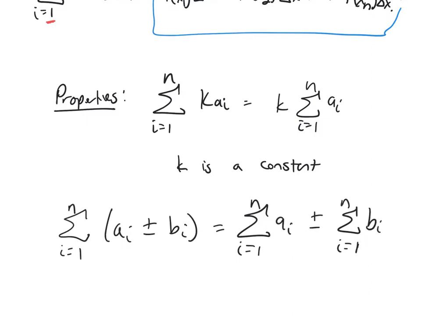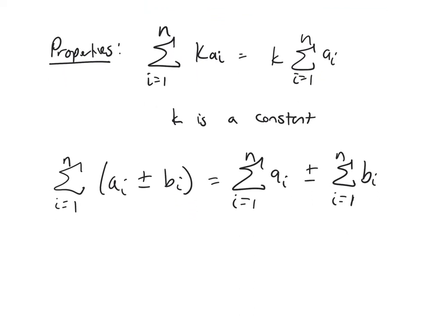And really all you're doing is if you write down this left-hand side and this right-hand side, you'll see that it has the same terms, but they've been rearranged. But addition and subtraction are commutative properties, so you can rearrange addition and subtraction.